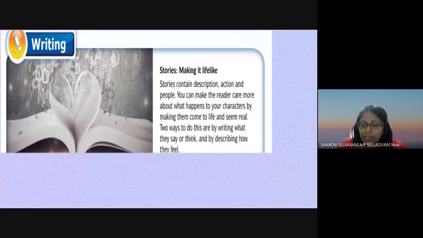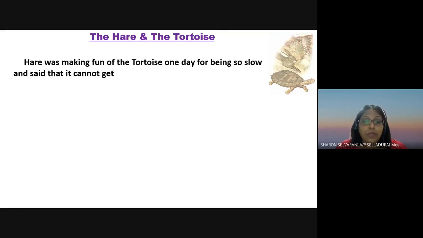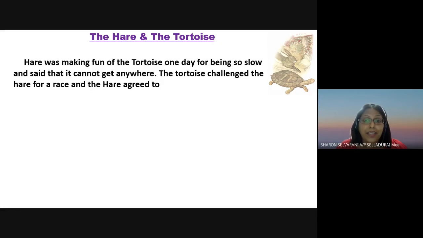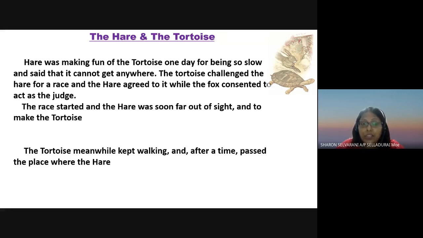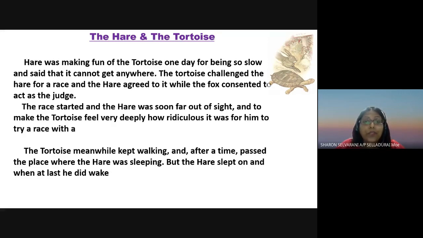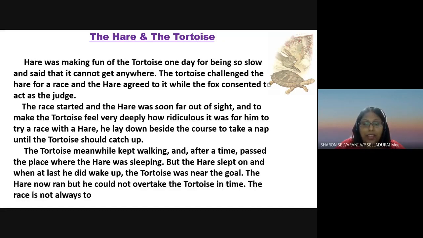Now let's look at this. We are going to see a story, and you are going to compare two types of writing. This is the first one. The hare and the tortoise. The hare was making fun of the tortoise one day for being so slow and said that it cannot get anywhere. The tortoise challenged the hare to a race, and the hare agreed to it while the fox consented to act as the judge. The race started, and the hare was soon far out of sight.